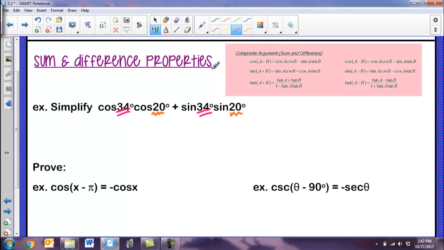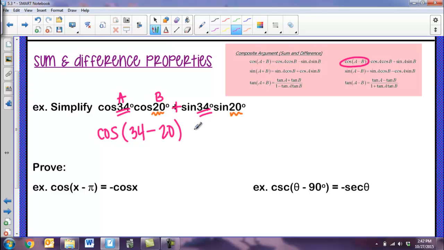So if I look on my formula chart and I find one that has cosine, cosine, and I have a plus sign in the middle, that means that I'm going to be using the cosine of A minus B. So I just write that as cosine, A would be 34, and then minus B would be my 20.